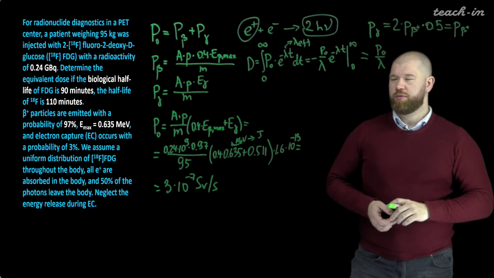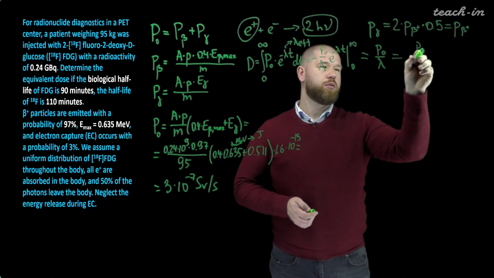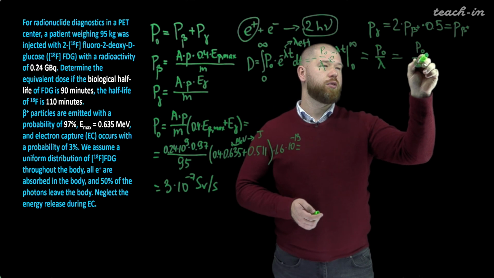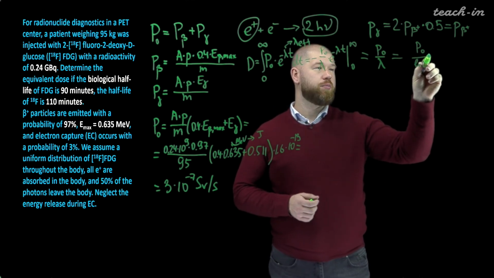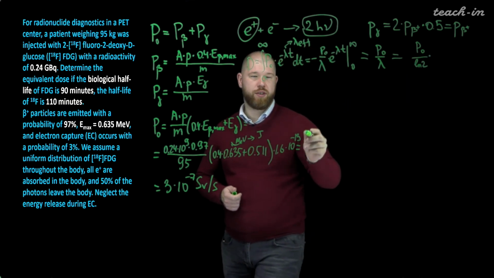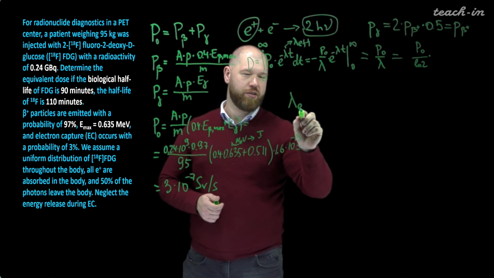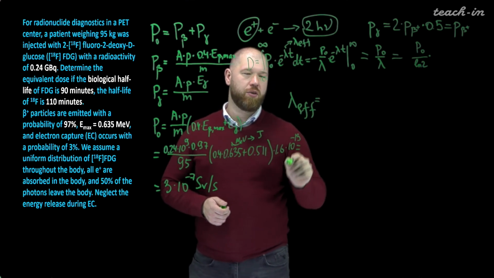So quite simple. So it will be divided by natural log 2. And then we should stop at this moment, because we have to express our lambda. That is not just lambda, as I already mentioned. It is the effective decay constant.